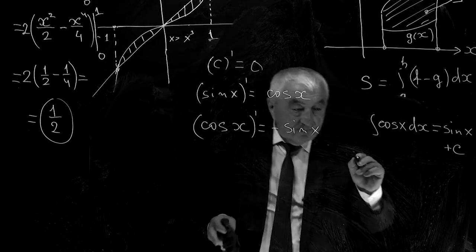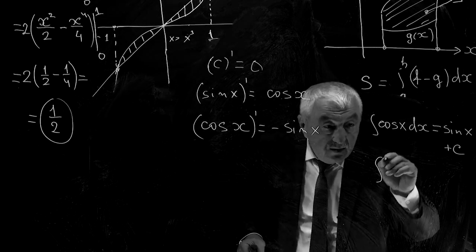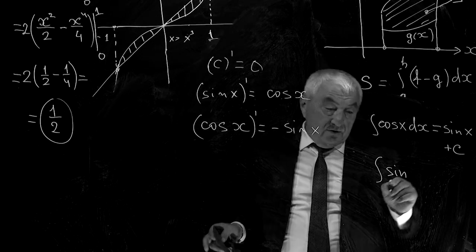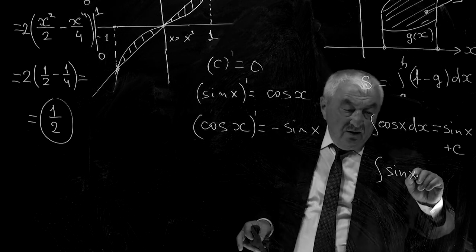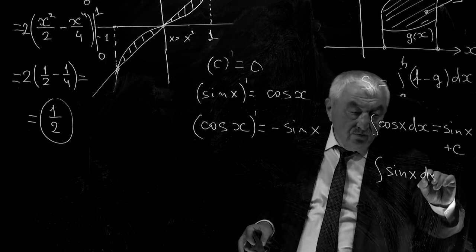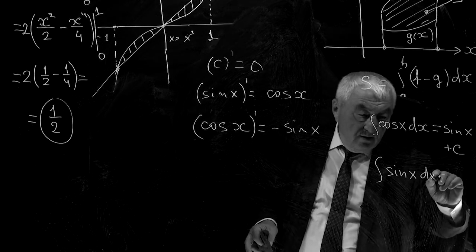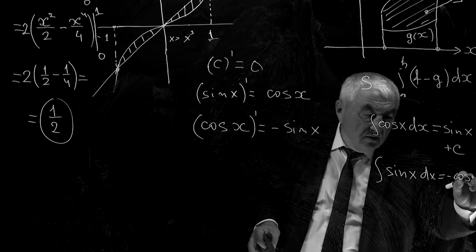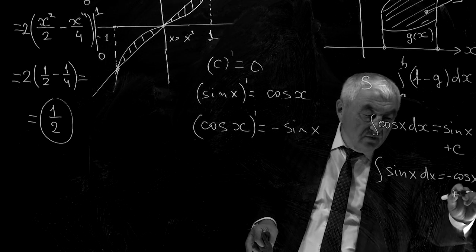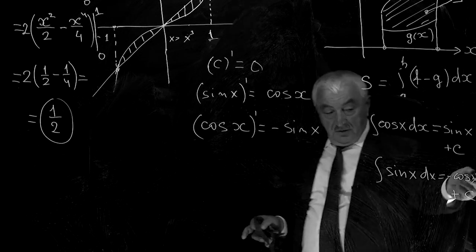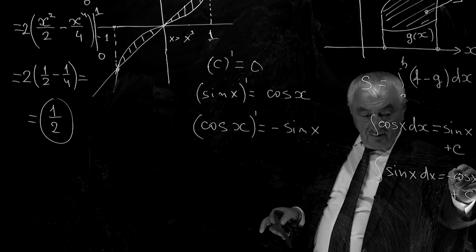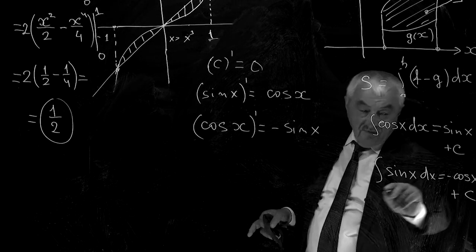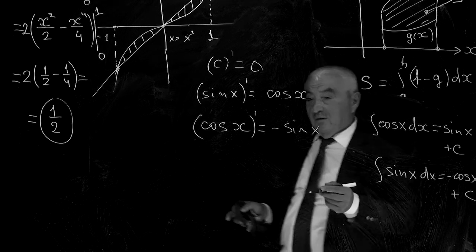About the integral, for example, from this formula, the integral of sine of x dx is equal to minus cosine of x plus constant. Why? The derivative of cosine x is equal to minus sine of x, and the derivative of a constant is 0.